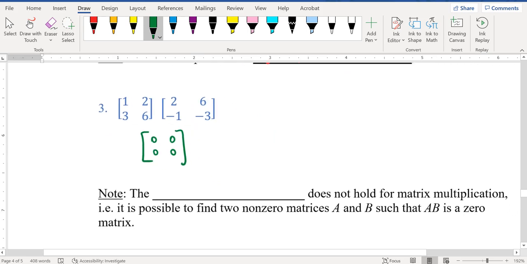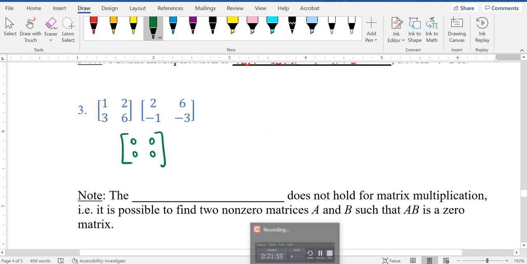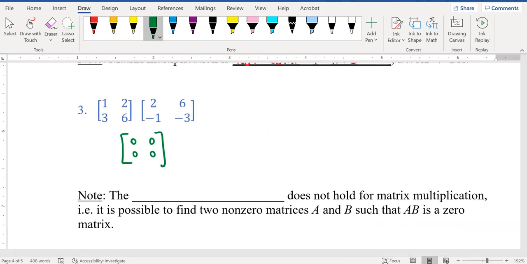So the note down below: the 0 property does not hold for matrix multiplication. Remember what the 0 product property said in the reals?